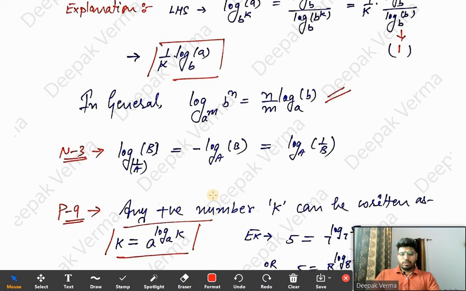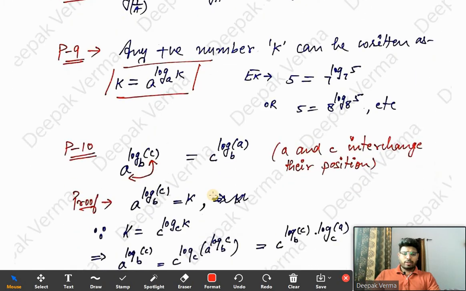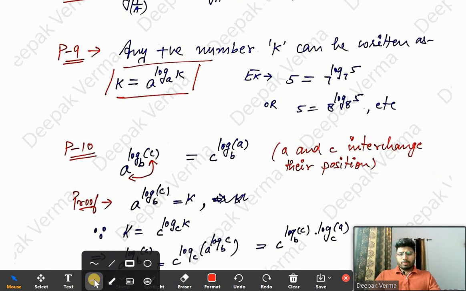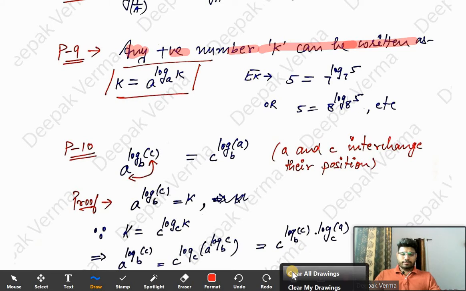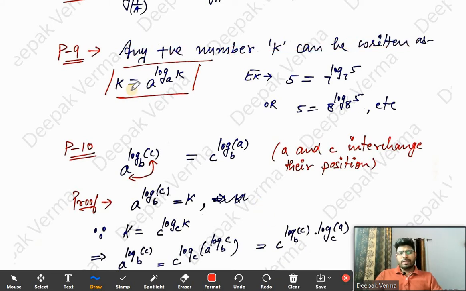Now let's move on to another property, that is property number 9. Property number 9 is what? Any positive number k can be written as a to the power log k base a.